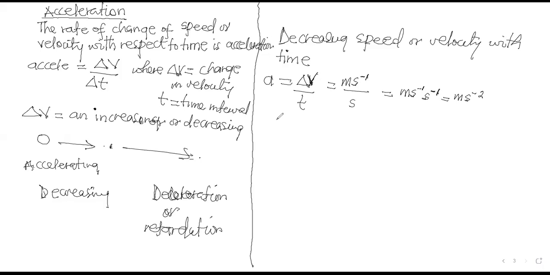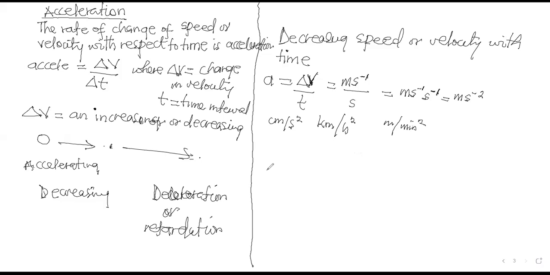Okay, so this is acceleration. The SI unit of acceleration is meter per second squared, meaning that it can also be in centimeter per second squared, kilometer per hour squared, or even meter per minute squared, which you convert to SI units.